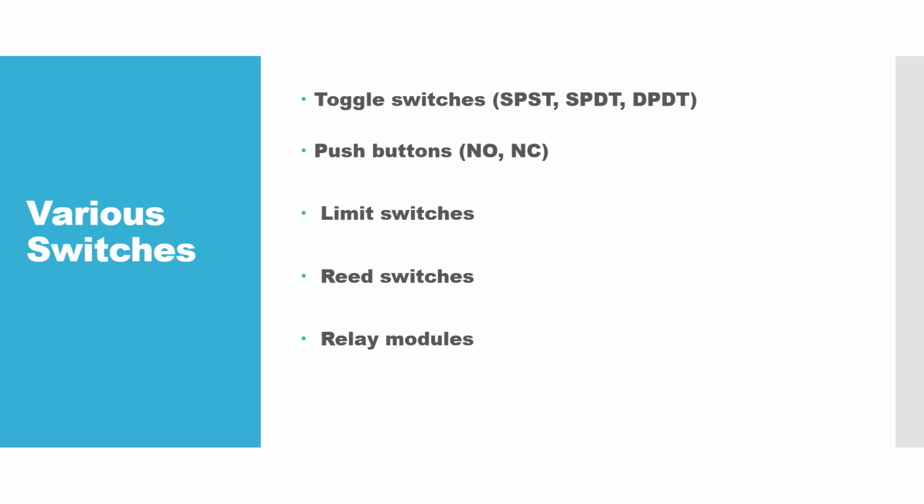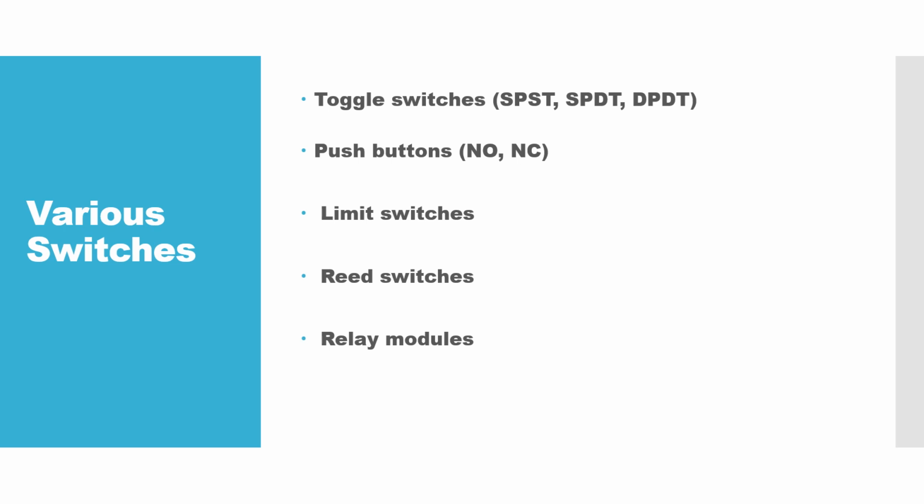In any circuit we build, please let us always consider the safety part or emergency buttons, let me put it that way. So as we can see, we have the toggle switch, push button, limit switch, reed switch and the relay modules. We will see all this in the practical class. Physically you touch, you run it, and you see how it works. Now let me move forward.